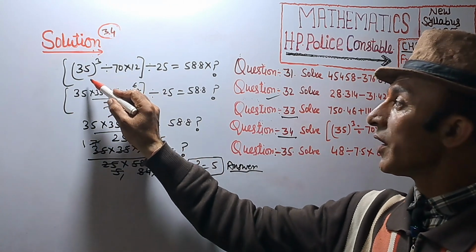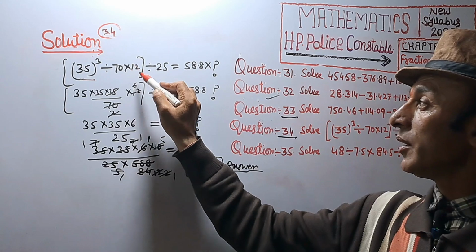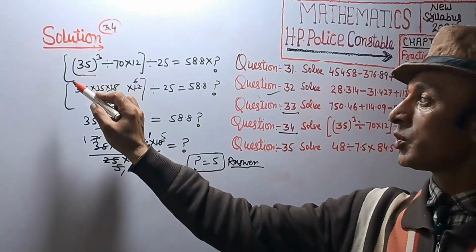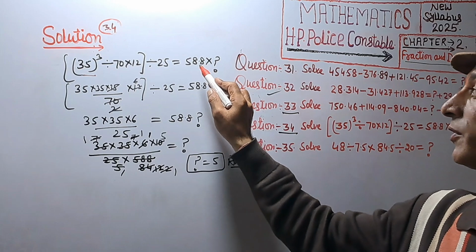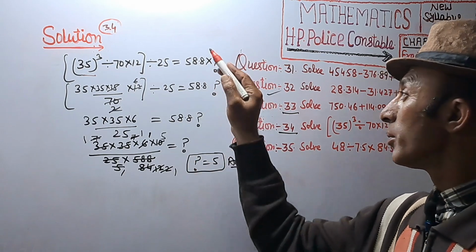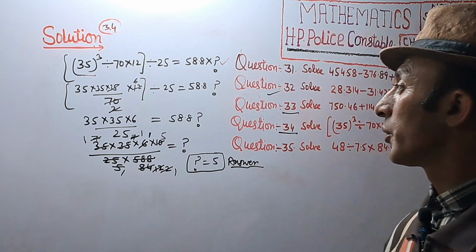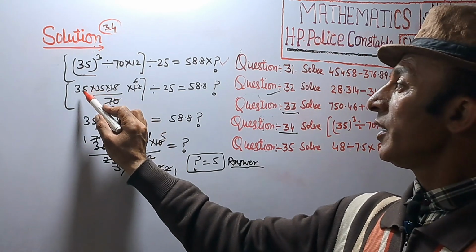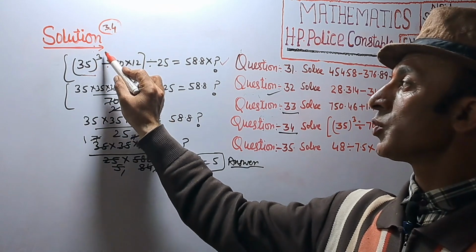Given question is 35 raised to power 3, cube, divided by 70 multiplied by 12, closed in big bracket, divided by 25 equal to 58.8 multiplied by ?, and we find the value of ?. 35 we can write as 35 into 35 into 35, raised to power 3.